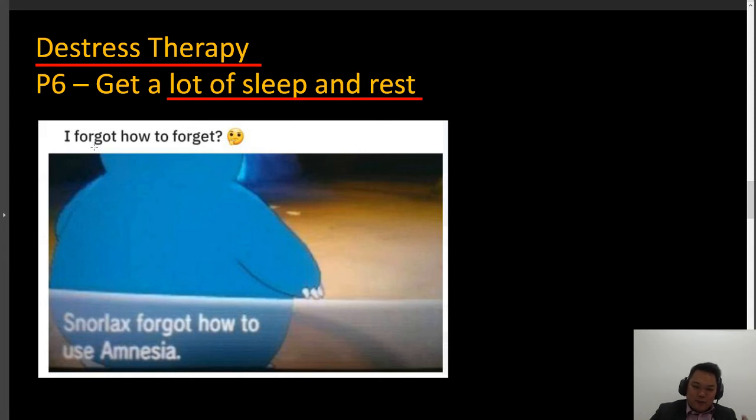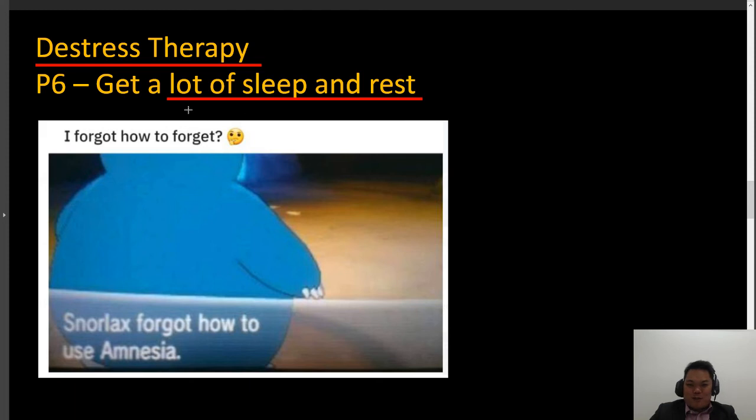Because there was once I took an exam in university, I didn't sleep the whole night. I was cramming for the whole night. I went into the exam hall and I forgot a lot of things. I ended up getting a C+ for that module. This is a true story, it happened to me. The module is called Numerical Analysis. Okay, I messed it up so badly.